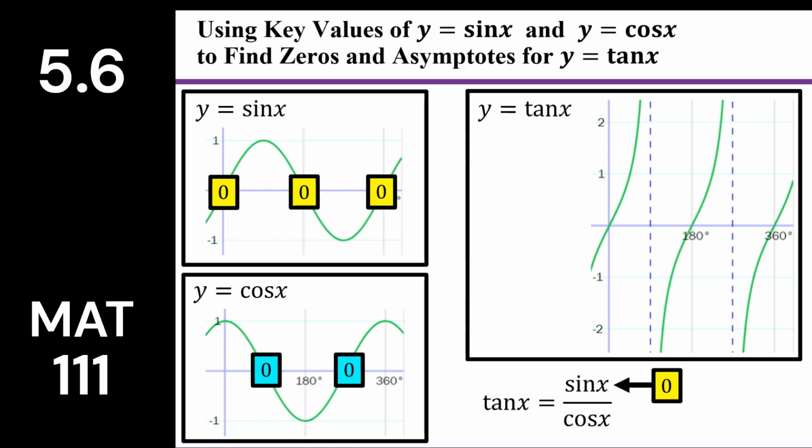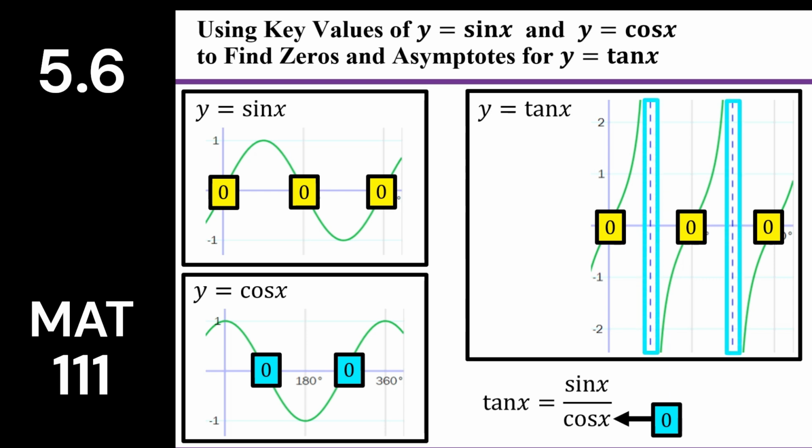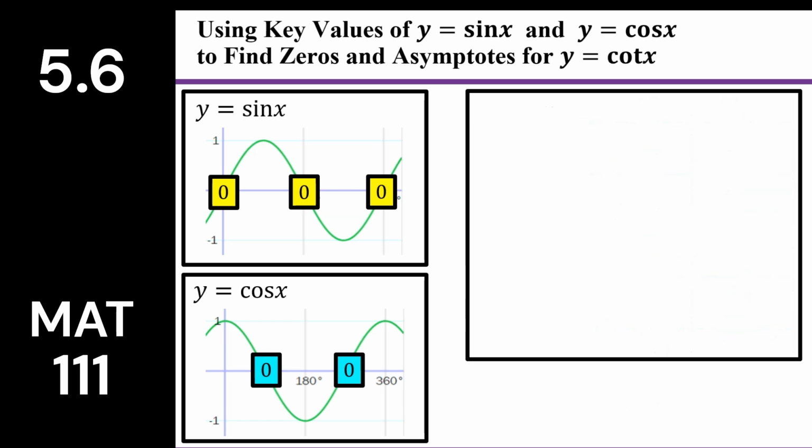So at 0 degrees, 180 degrees, and 360 degrees, the tangent will share these zeros. Furthermore, when the cosine is 0, the denominator of this fraction will be 0, and therefore the tangent will be undefined. If the tangent is undefined, it will have asymptotes at 90 degrees and 270 degrees.